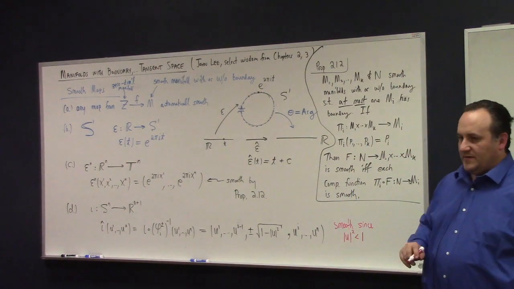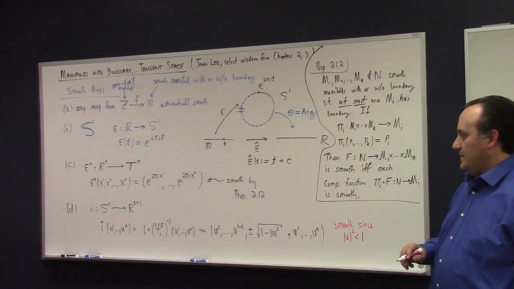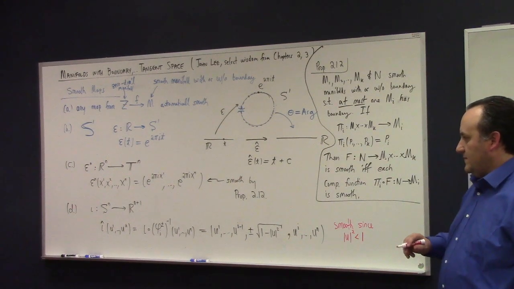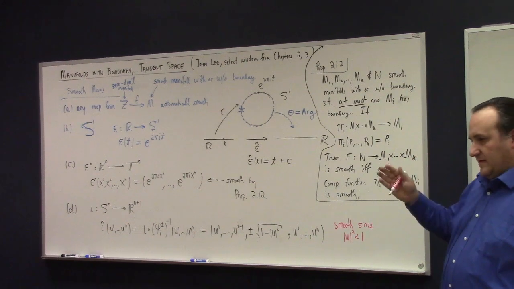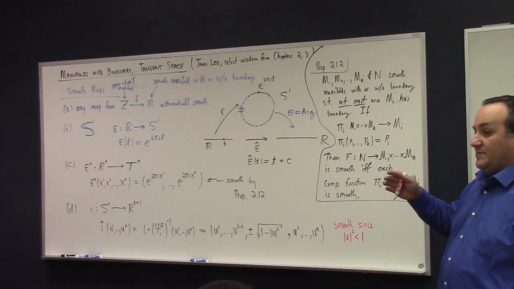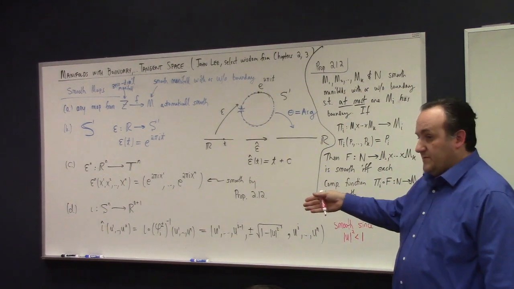The thing that's tricky about it is the set Sn is the set of x1 squared plus x2 squared plus and so on plus x(n+1) squared equal to 1, right?